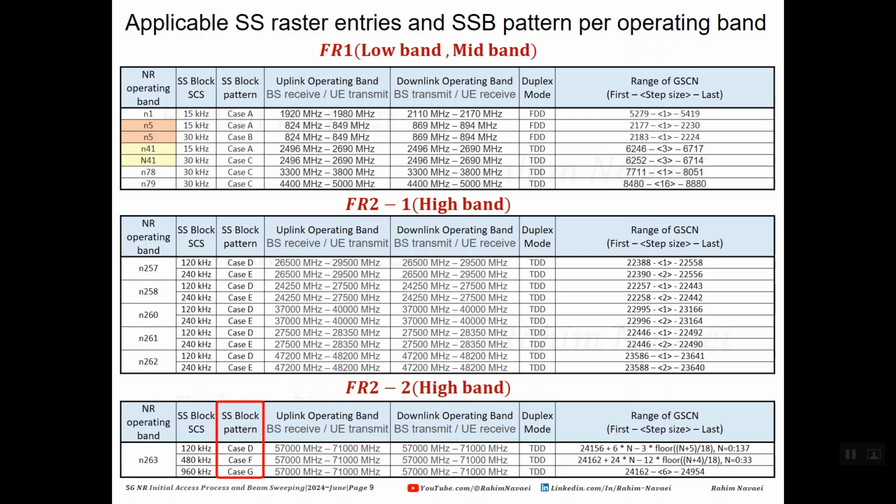Global Synchronization Channel Number GSCN is actually a set of numbers that identifies frequency position of Synchronization Signal Block SSB on Synchronization Raster.